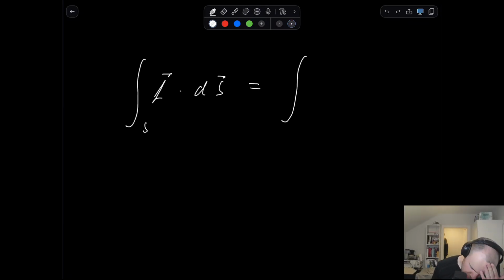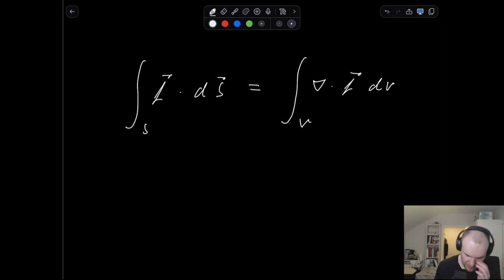It states that the flux, if I took F multiplied by dS over a surface, is actually the same as, not the line integral, I integrate over the volume the divergence, which is just nabla dot F over the volume.